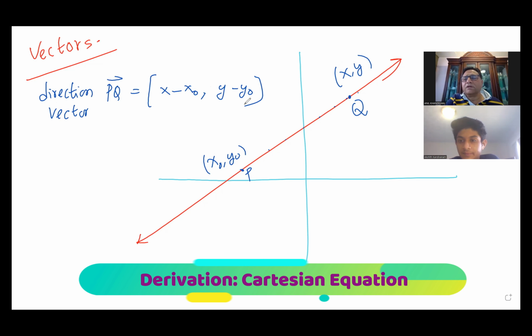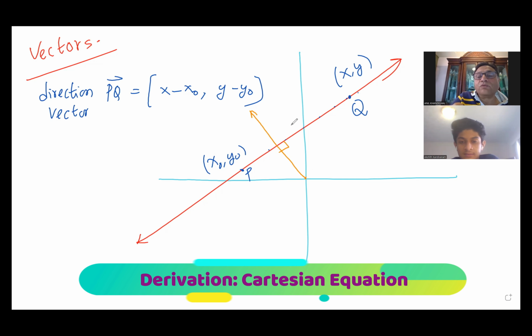And now we want to develop the Cartesian equation. With the Cartesian equation, we understood one thing, that a and b were normal, right? So let us say somewhere this is normal to the line. Is it clear to you?